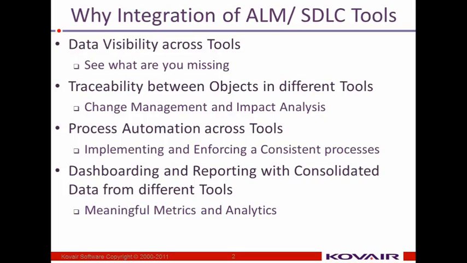So when you have traceability relations between different artifacts in different tools, you should be able to have some hidden metrics available for your report and dashboard. So these are the major goals when you would like to do any kind of integration among your development tools.